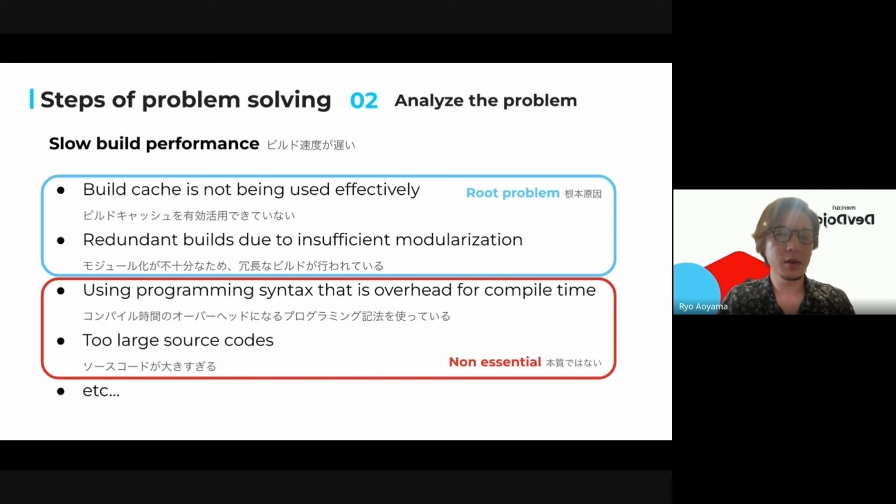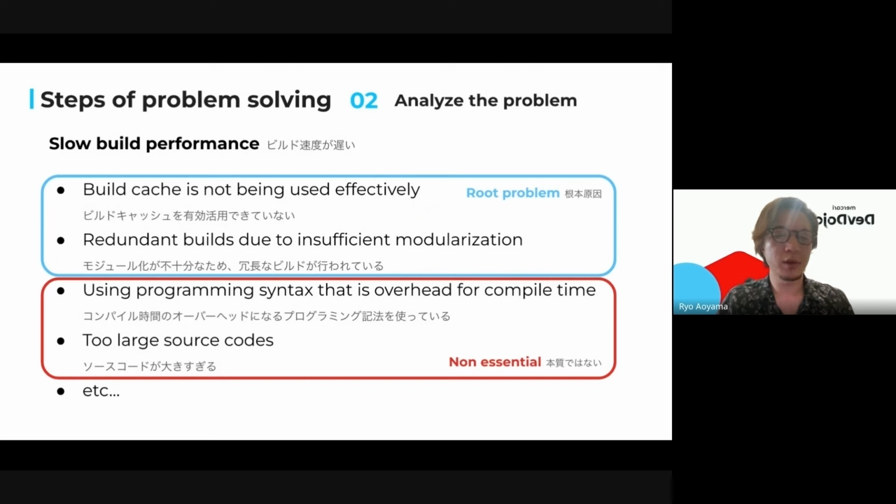Now, the top two issues, which are not being able to effectively use the build cache and the lack of modularization, are system-related issues, and they can be solved through a more systematic solution. So we determined that these are the root causes.